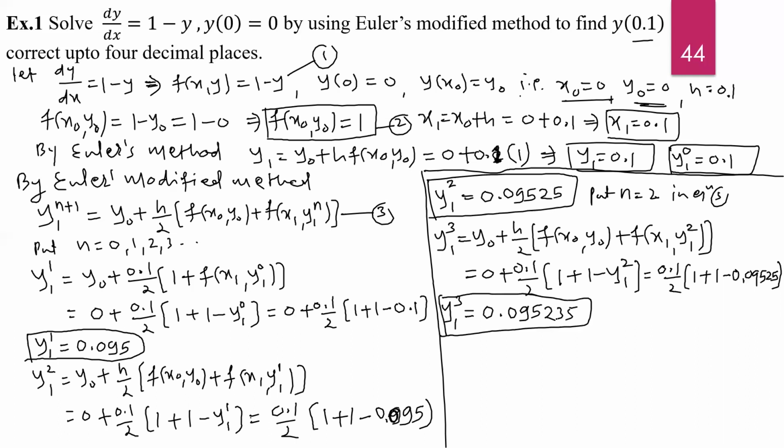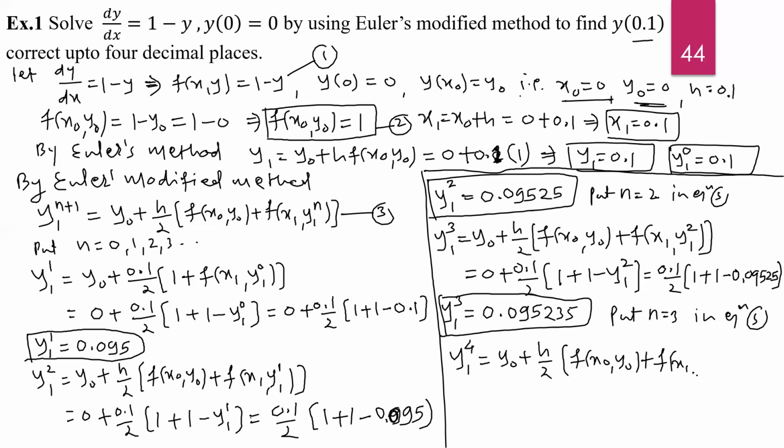Now next iteration, put n is equal to 3 in equation 3. That is y suffix 1 raised to 4 is equal to y naught plus h upon 2 times the function at x naught, y naught plus f of x1 comma y1 raised to 3.